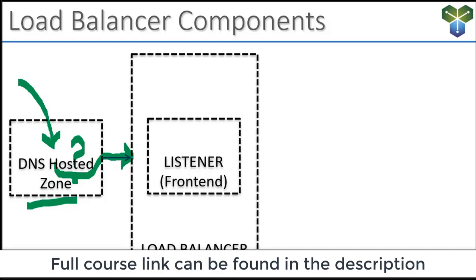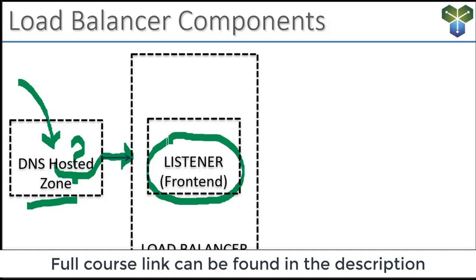We're going to create a load balancer, we're going to create a front end, and we're going to assign a public IP that is reachable on the internet to that front end. And so now the load balancer itself is going to be reachable from the internet. And again, this all assumes that you're going to be using a public load balancer.